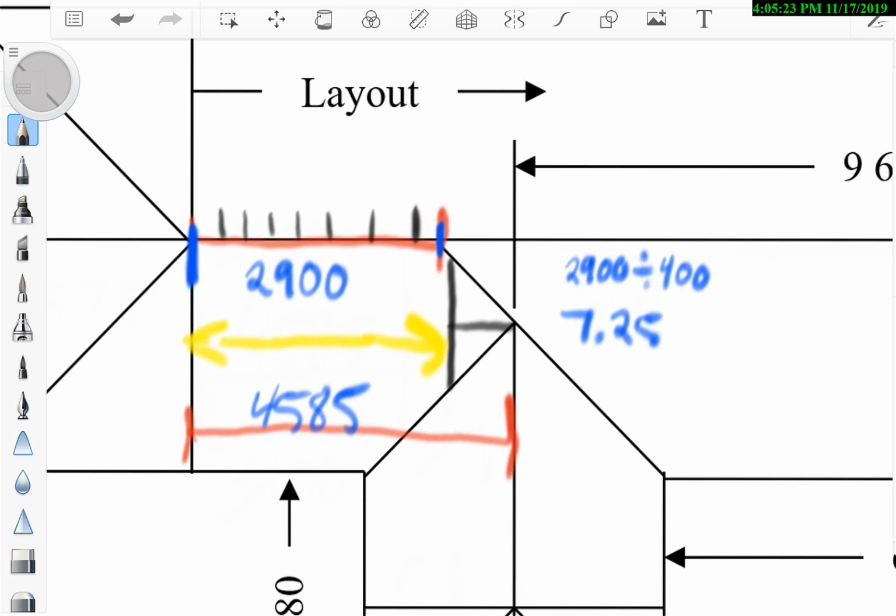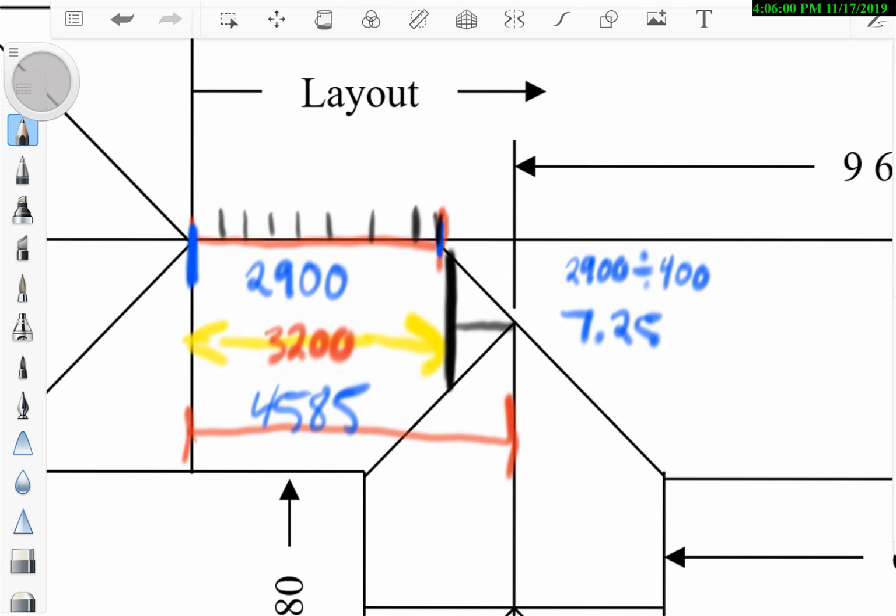And from the 7th rafter, it's 0.25 to the change point there. So if it's 7 full rafters, we know that rafter number 8 will be the first rafter landing on the supporting valley, which makes it our first valley cripplejack. So if it's the 8th rafter, what's 8 times our spacing? 8 times 400 is 3200. So we know that this distance is 3200.